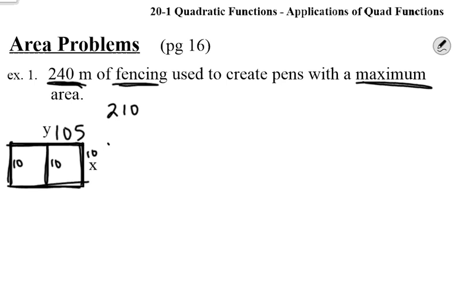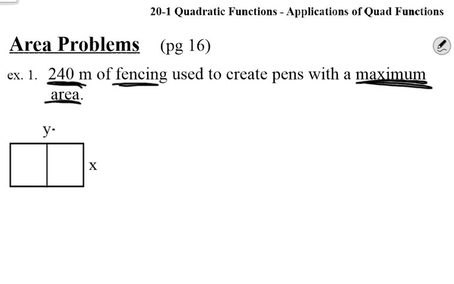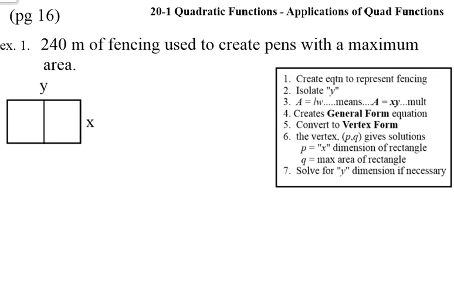So I could have 10 by 105 meter total dimensions, and then I could get an area. So there's all kinds of possibilities for X and Y, tons of them. The key is we want to find which X and Y value gives us a maximum area. It's a step-by-step process. Here we go.